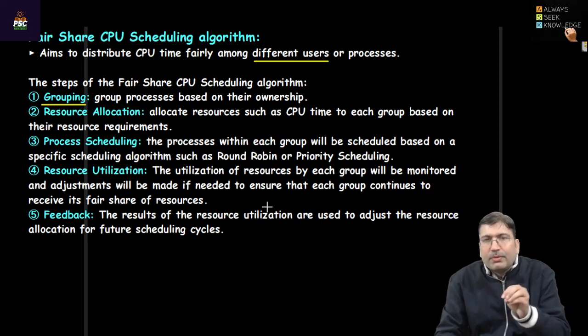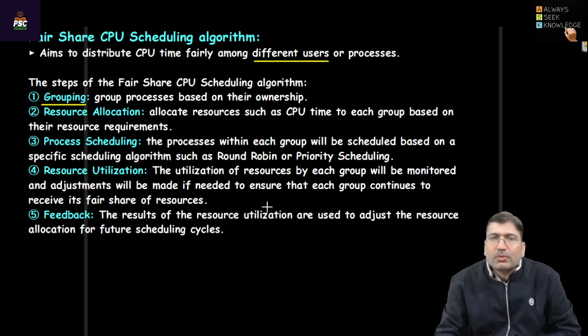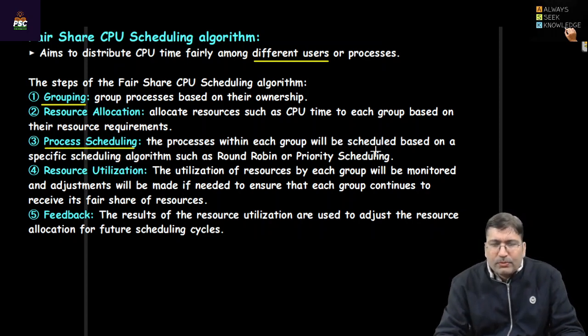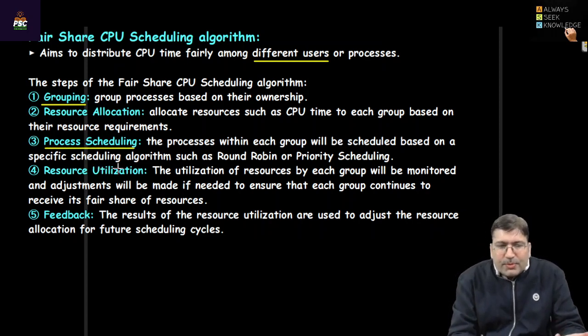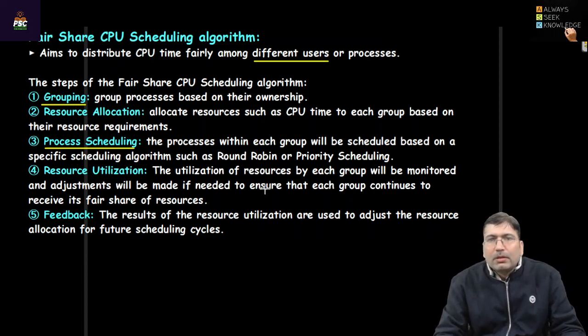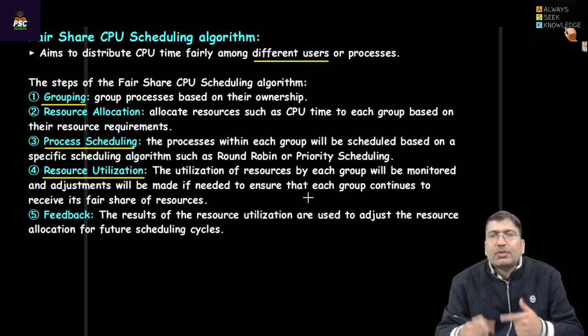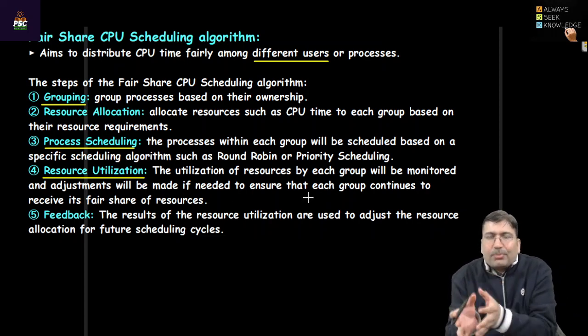And for each group, the system will try to allocate an equal amount of CPU time, right? And then process scheduling will be incorporated. The processes within each group will be scheduled based on any specific algorithm, maybe round robin or any other algorithm, right? And then there is one step in which the system will check the resource utilization by a particular group.